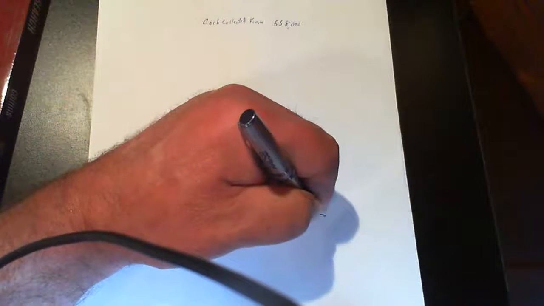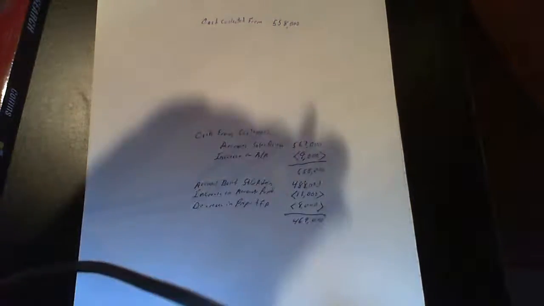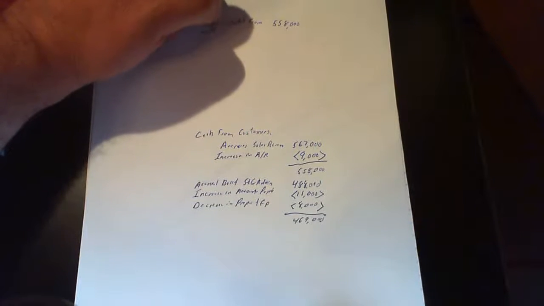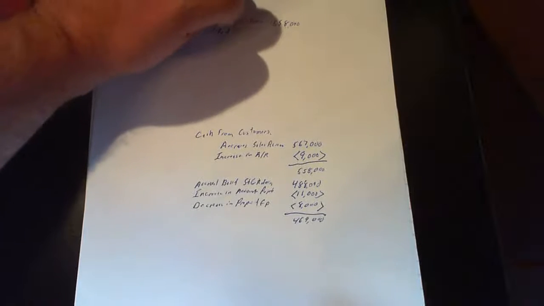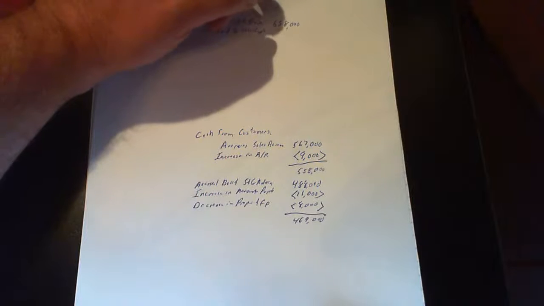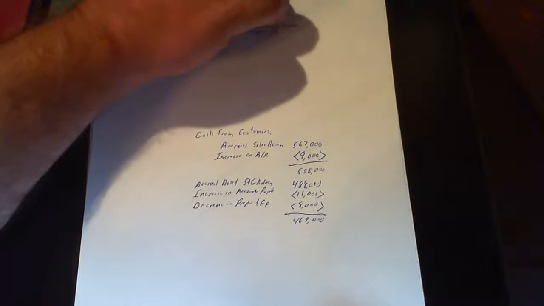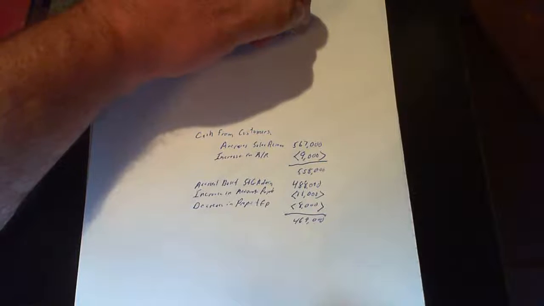It'll be an addition up here. All right, and so we add that all together and we get $469,000. So when we come up here, we get the cash paid to other suppliers, and that's $469,000. And that's subtraction on that one.